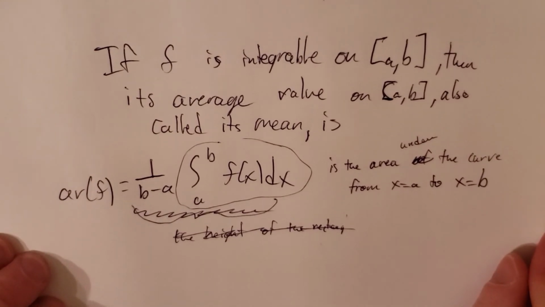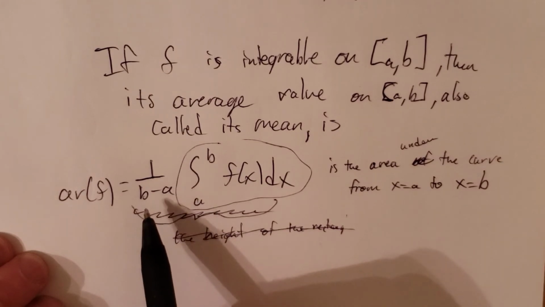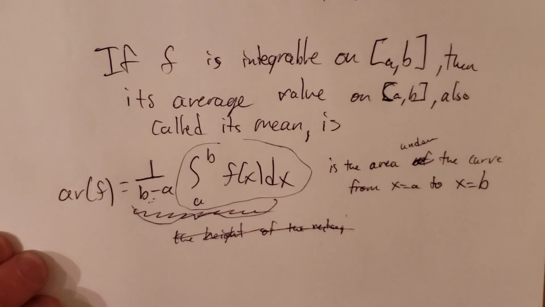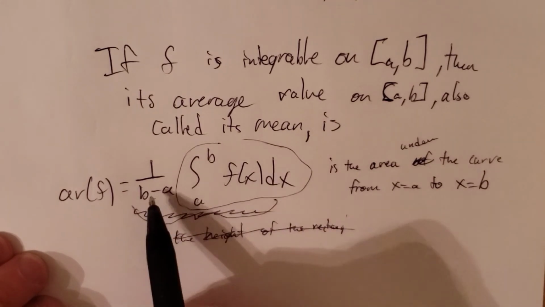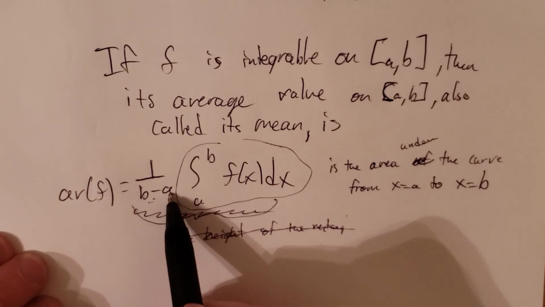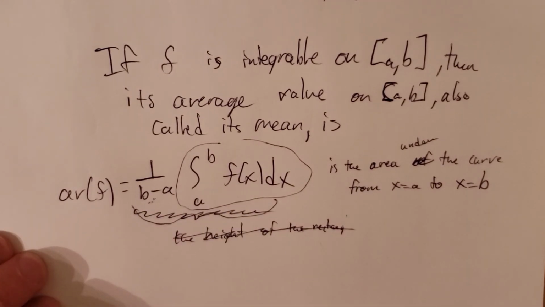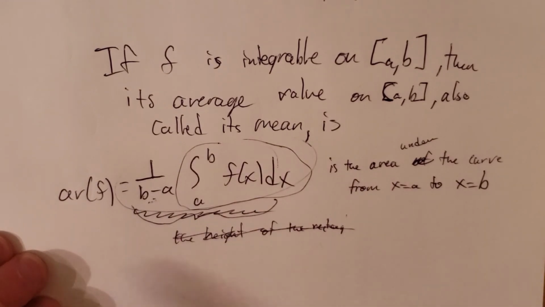And then what's the width of our region? Well, that's from a to b, that is b minus a. So if we divide by the width, we're going to get an average height. So that's what we've done here.